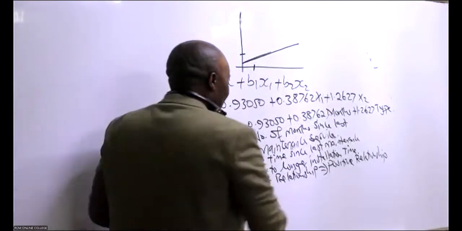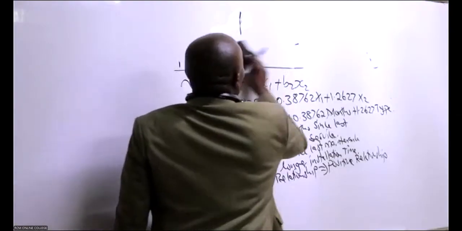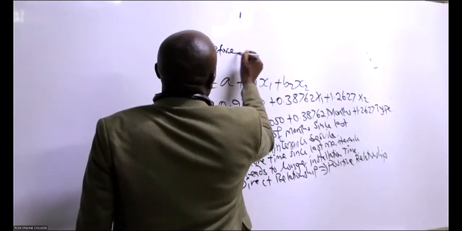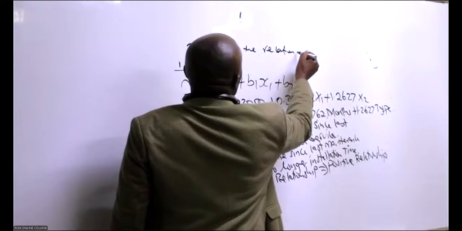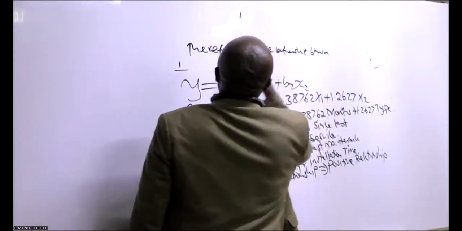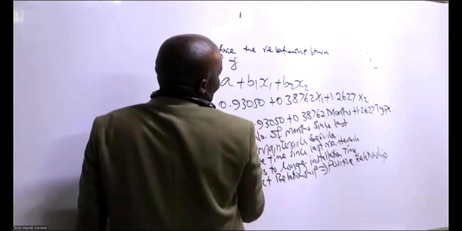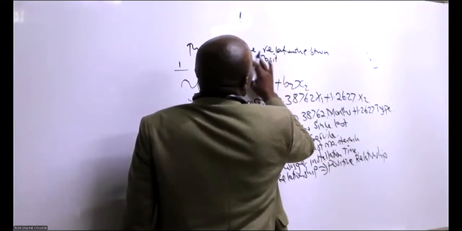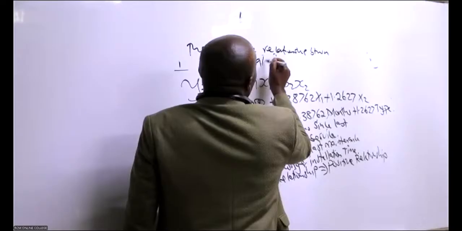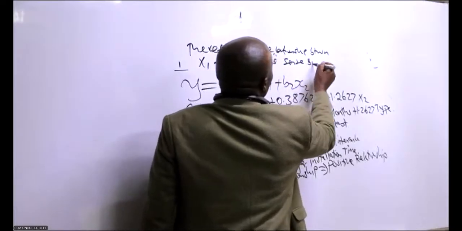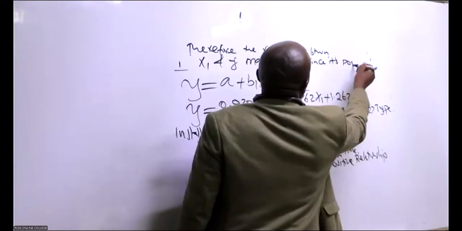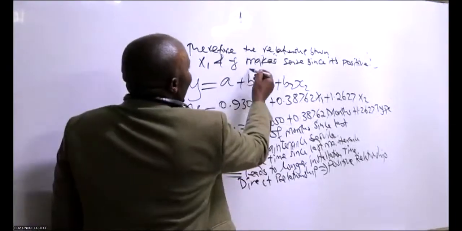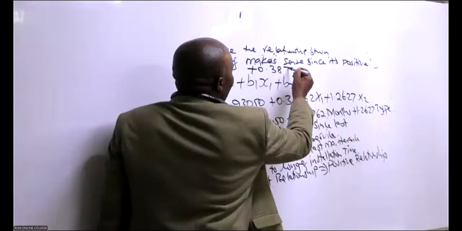So the relationship between x1 and y makes sense since it is positive, 0.38762.